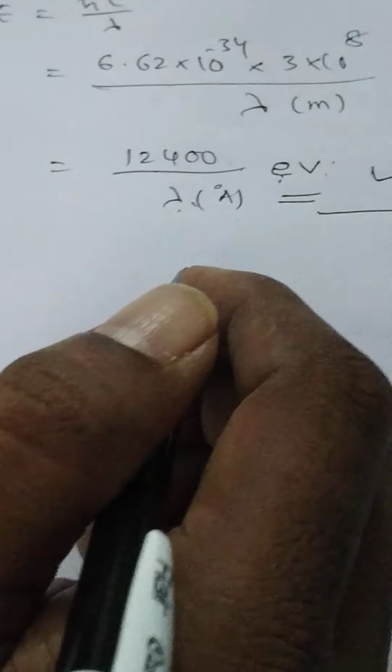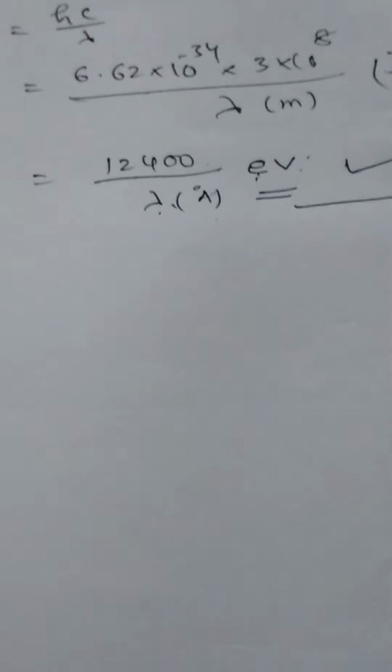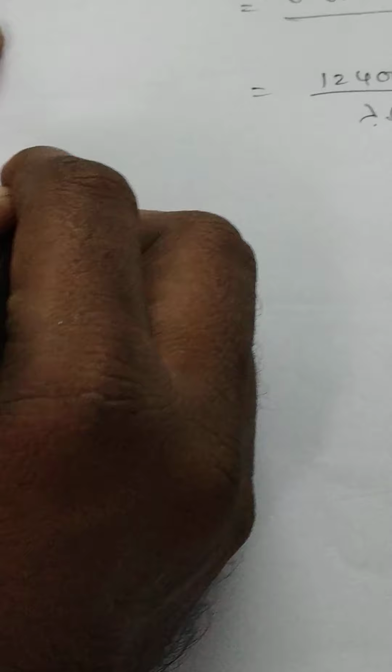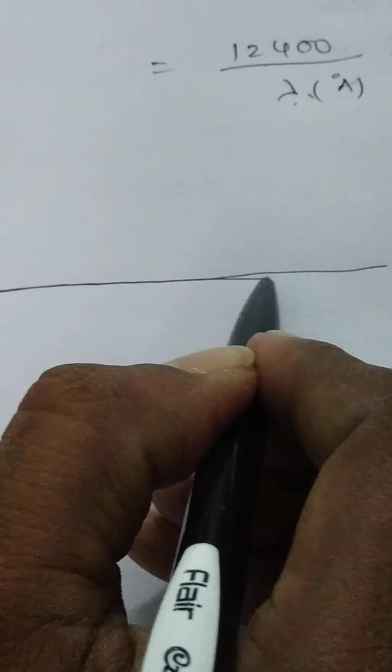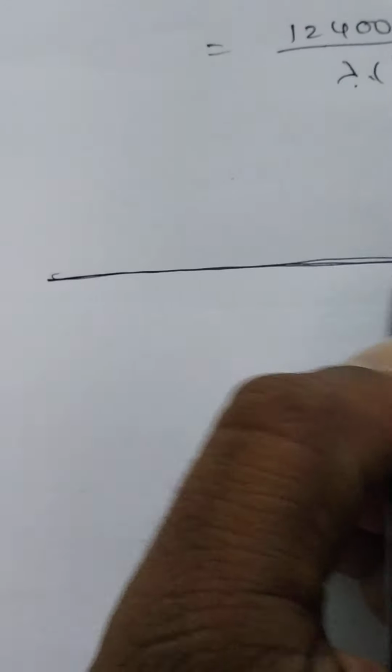Again, what is meant by photoelectric emission or the photoelectric effect? This is the surface of a photometal, or metallic surface.